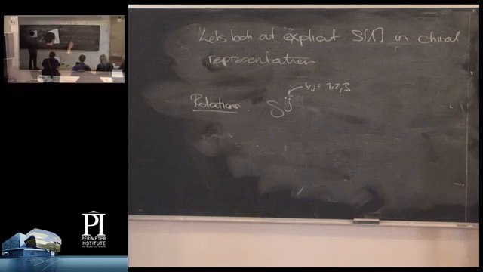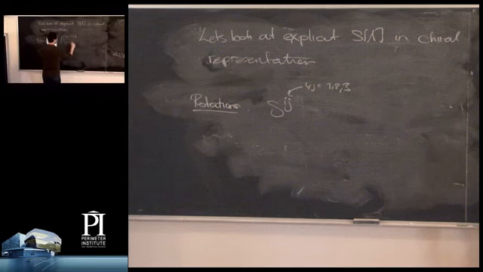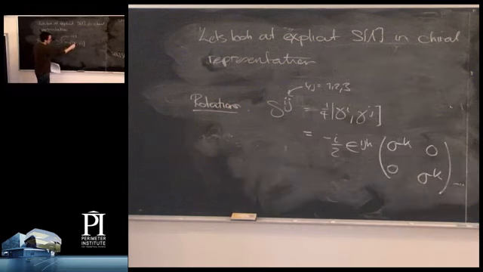And this is equal to 1/4 gamma i, gamma j. And if you just plug in the chiral representation for gamma i and gamma j, that has Pauli matrices in there, what you get is the following.